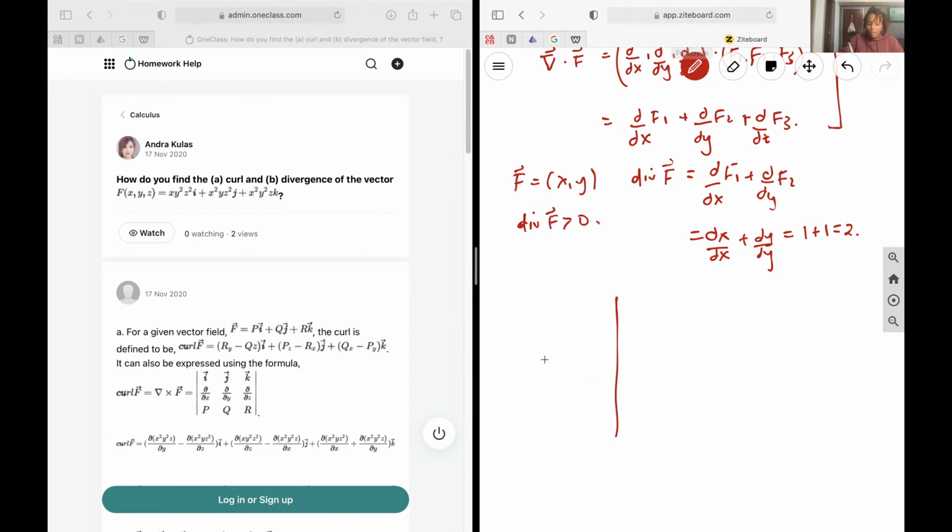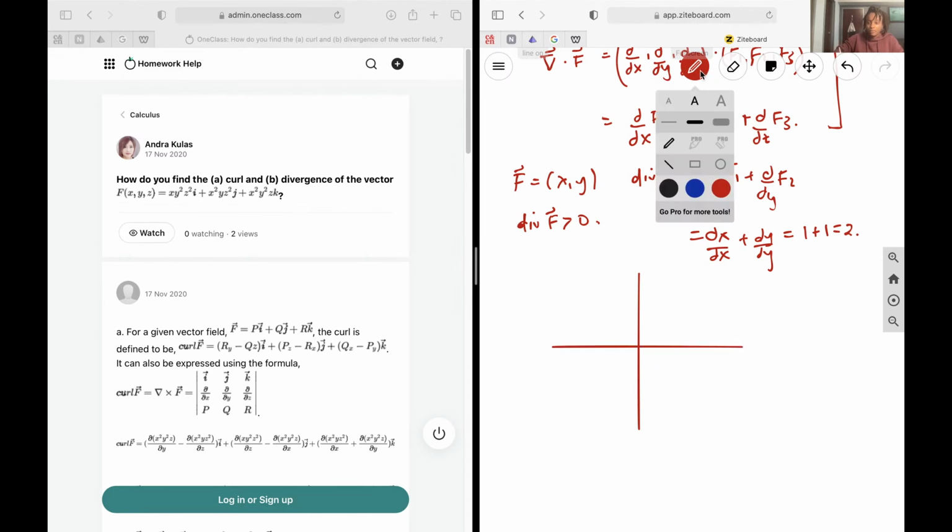And if you actually plot what the vector field is going to look like, let's just slowly draw that out. You get a plot that looks like this.